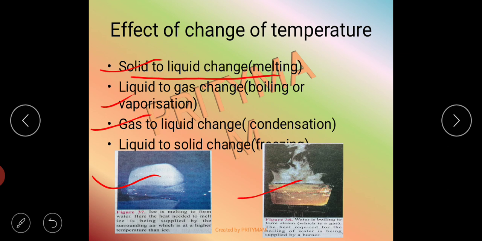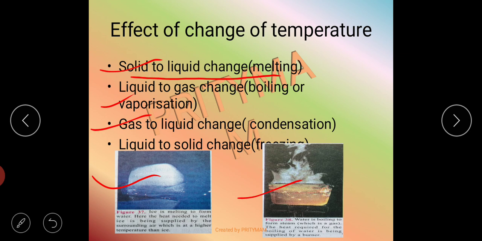Students, if we cool steam, water vapor, by lowering its temperature, it is converted into liquid water, and in this case a gas or steam changes into liquid. So a change of state has taken place. The process of changing gas to a liquid by cooling is called condensation.